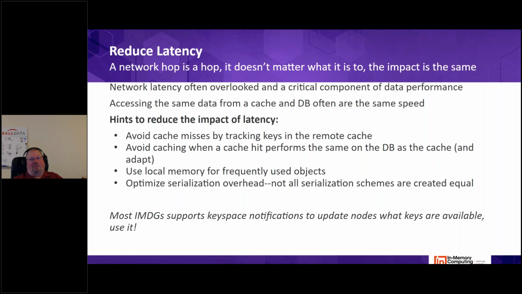One of the problems that many environments have, and I'm going to call out PHP because this is a big offender, is that you open a connection to the in-memory database on every page view. You try to get the data, you may have a cache miss, you then close the connection, then you open a connection to the database in order to pull the data. Then if you pull that data in, you can then push the data back into the in-memory database.